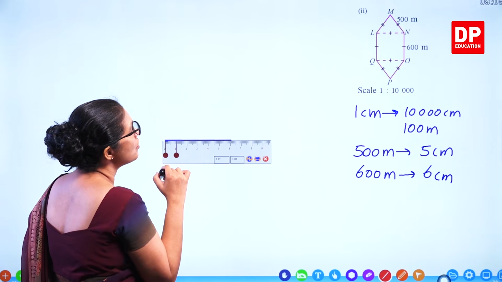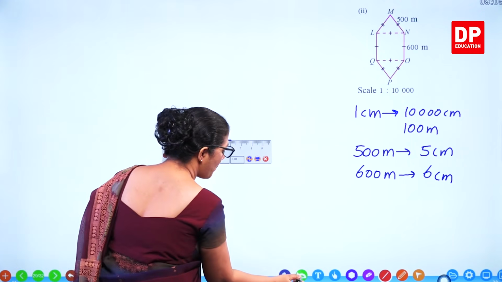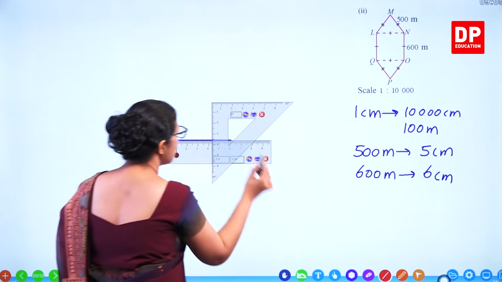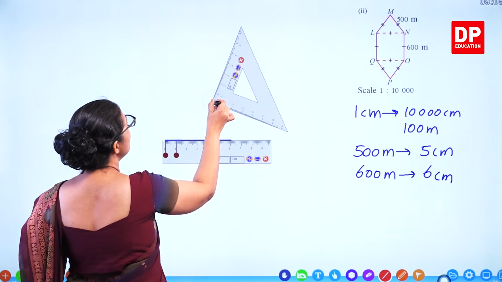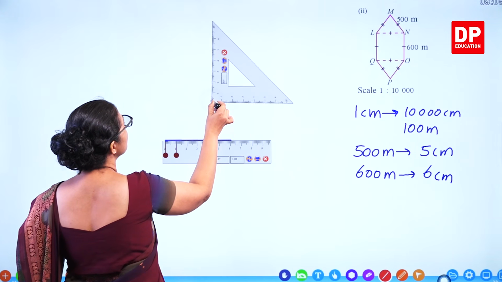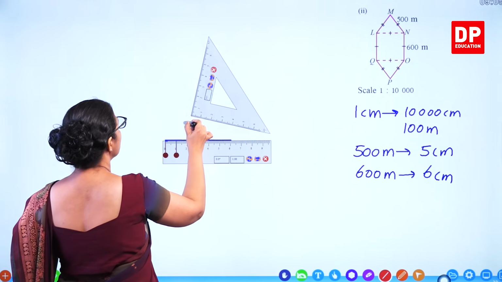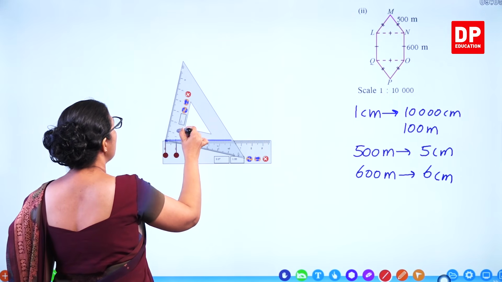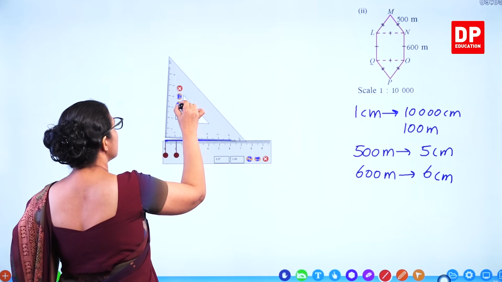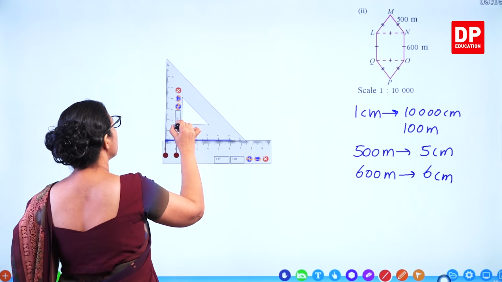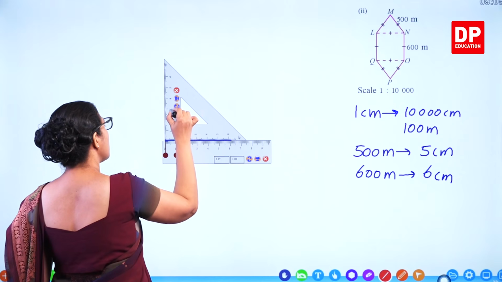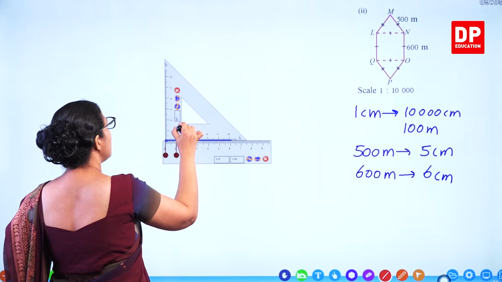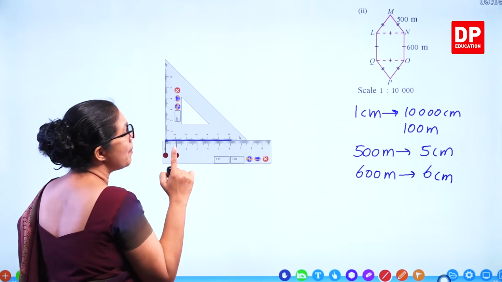Then what you do, you take the set square, and we need to draw the perpendicular lines. So here, keep it here and draw the perpendicular line.